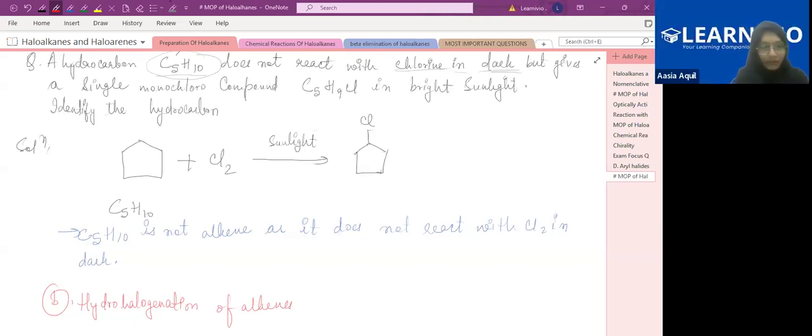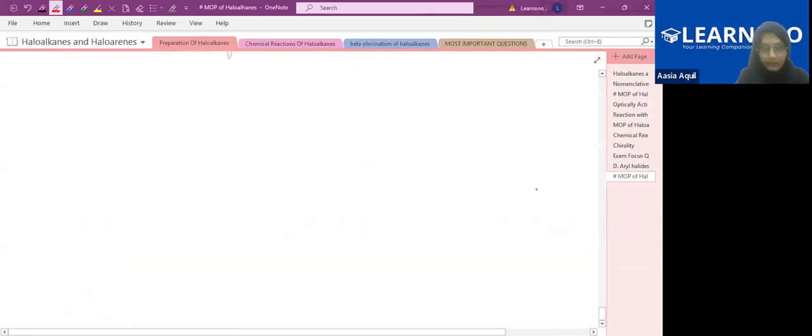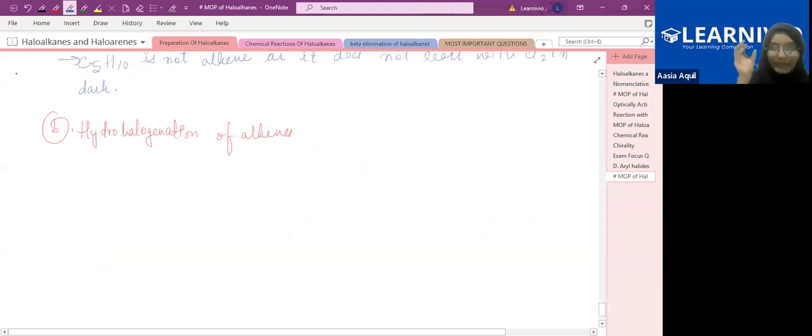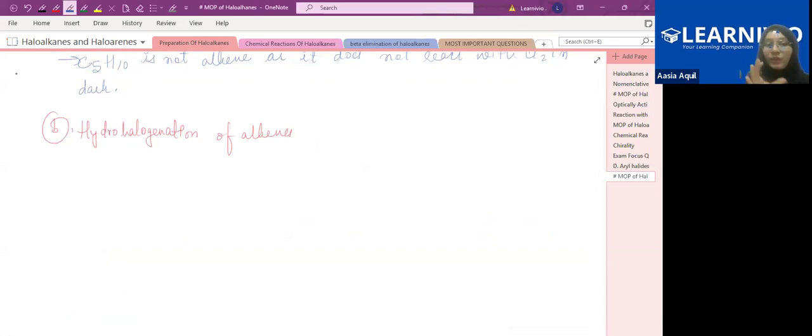So hydrohalogenation of your alkene. Now, what is hydrohalogenation of alkene? Basically, in this reaction, we use a halogen acid and we treat it with the alkene.